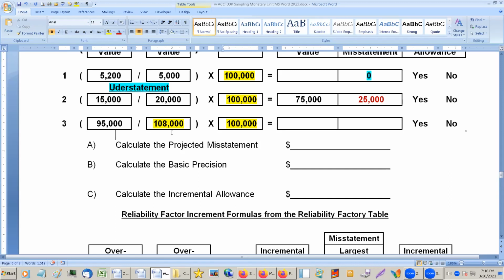So at this point, we go to the actual misstatement of the item, which is simply the 108,000 minus the 95. Oops, no, that's right. And this will be our misstatement. $13,000.